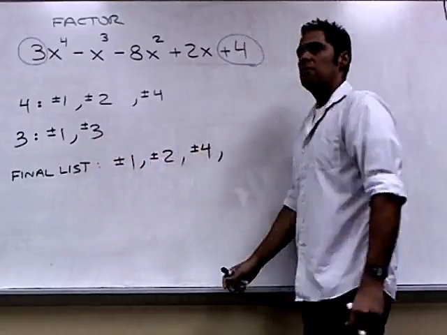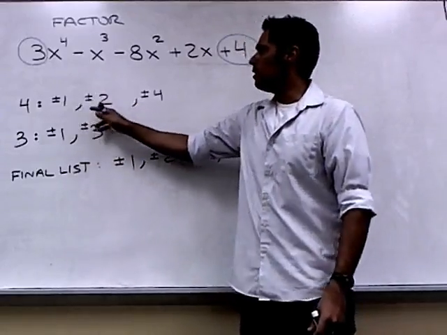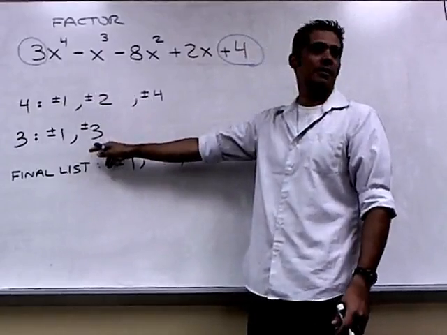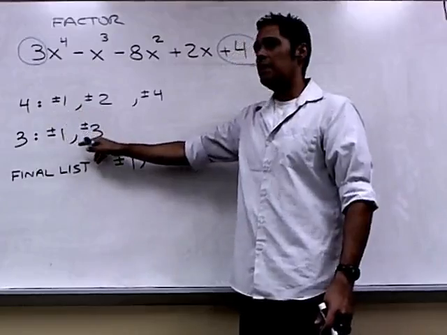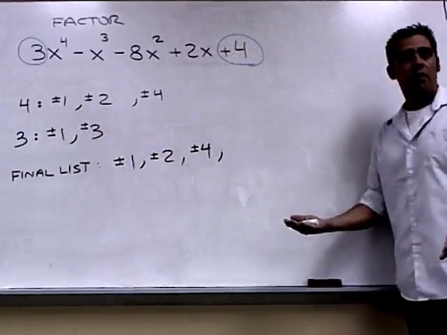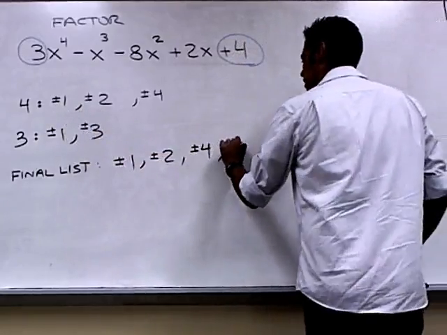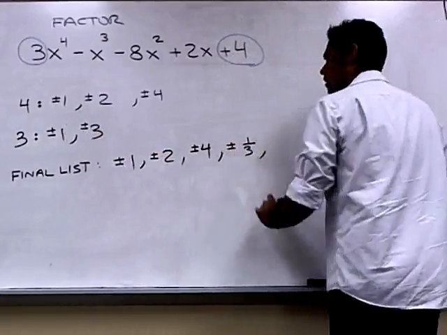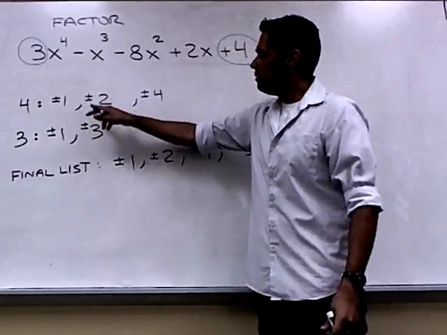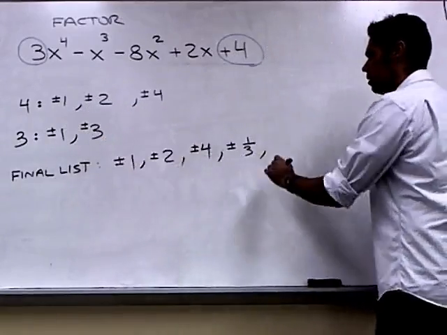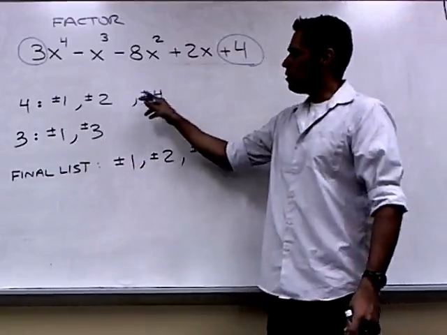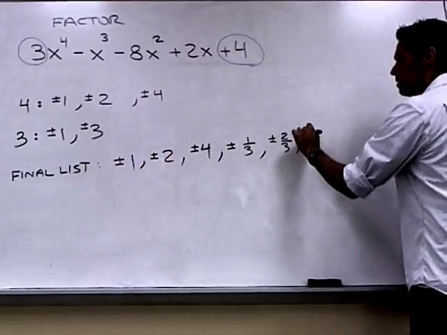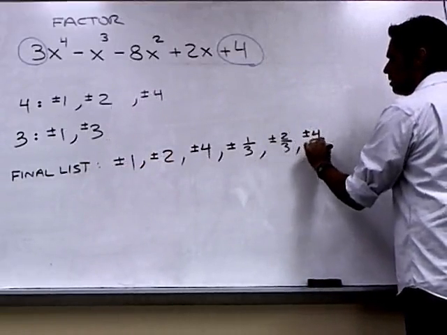But then I have to do every number here divided by the next number in that list. So now I have what? 1 divided by 3 is 1/3, right? So I have plus or minus 1/3. Then I have 2 divided by 3, which would be plus or minus 2/3. And then finally, 4 divided by 3, which would be plus or minus 4/3.